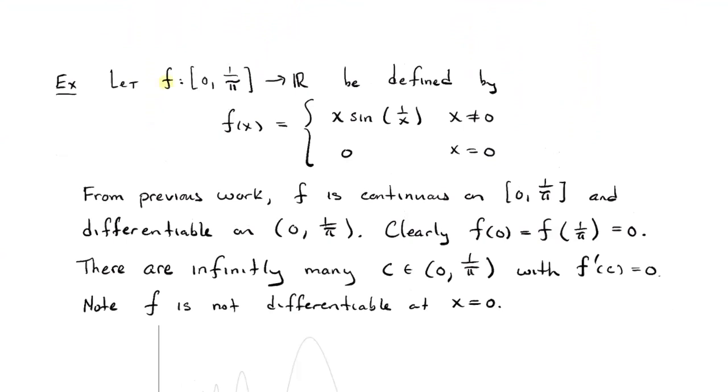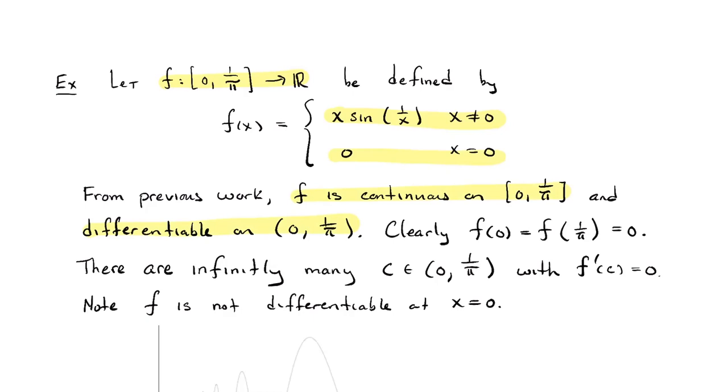If I define a function f on, say, the interval from 0 to 1 over pi, we've looked at this example, or one like it with x squared. It's x times sine of 1 over x for non-zero x, and 0 at x equals 0. It's good practice to recapitulate these details: that function is continuous on that closed interval, and it's differentiable on the open interval from 0 to 1 over pi.